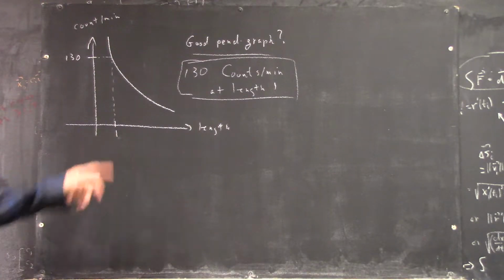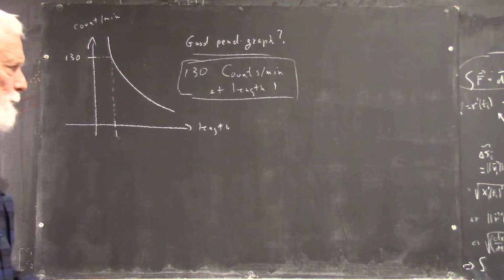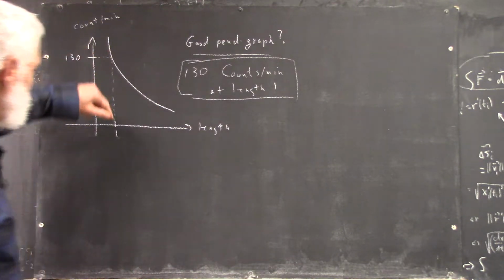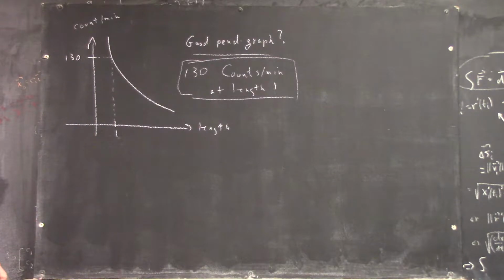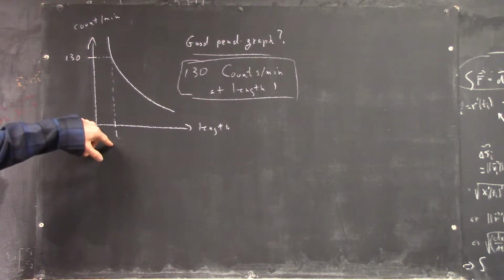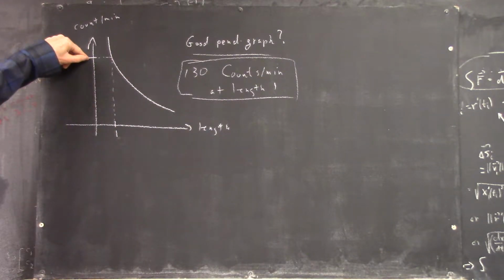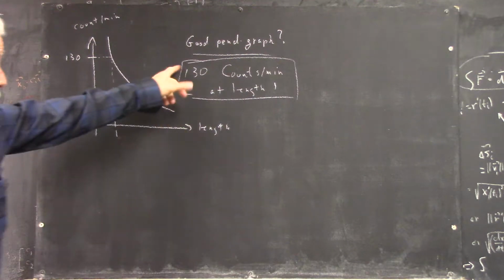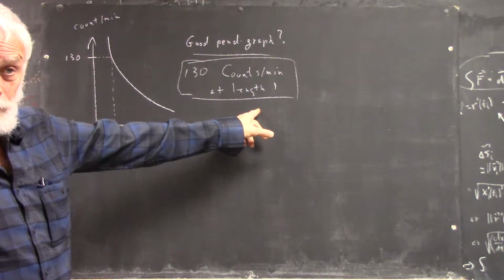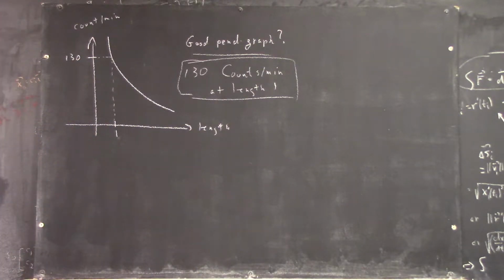Maybe a little delay because people were looking around to see if anybody else's hand was up. I think you voted accurately and honestly. You understand what I'm saying here, right? So once I figure out where 130 is here, I know where 1 has to go here if I know that there are 130 counts at length 1, right? Okay.